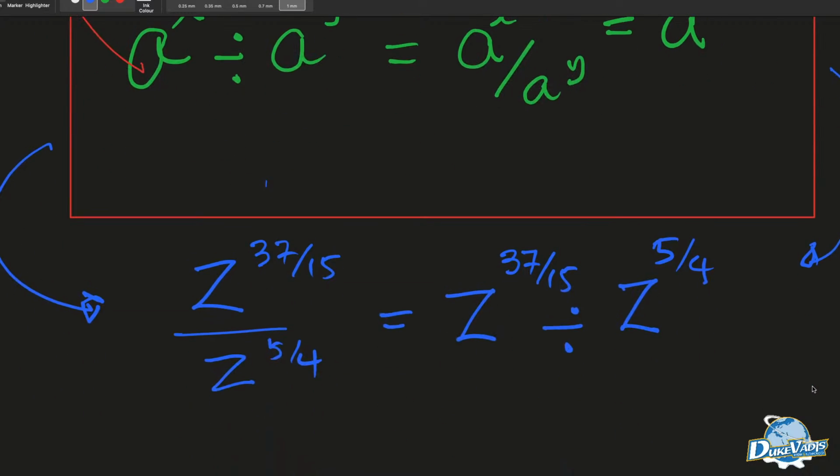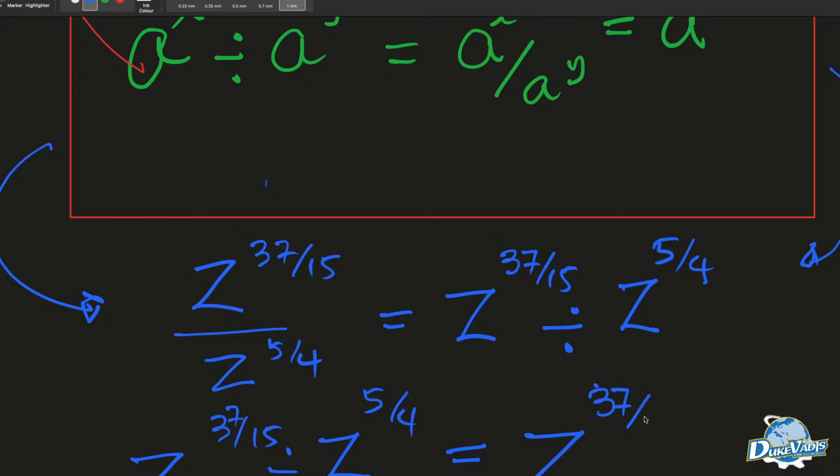So this is going to be z raised to the power 37 over 15 divided by z raised to the power 5 over 4. It means it's going to be written as z raised to the power 37 over 15 minus 5 over 4.